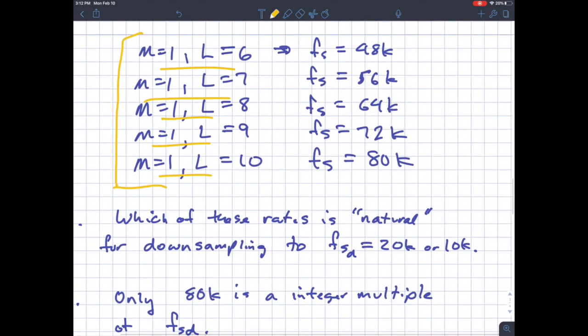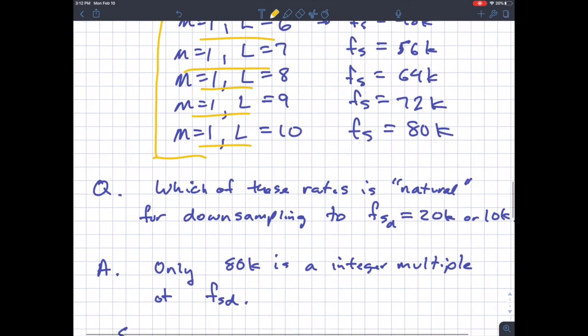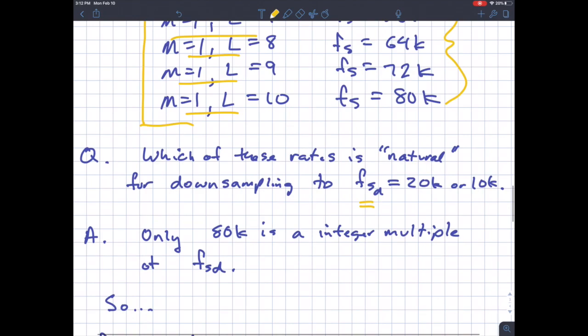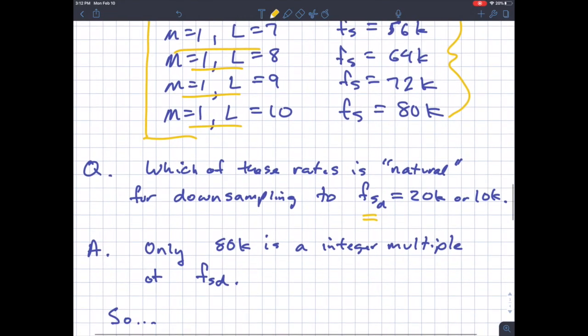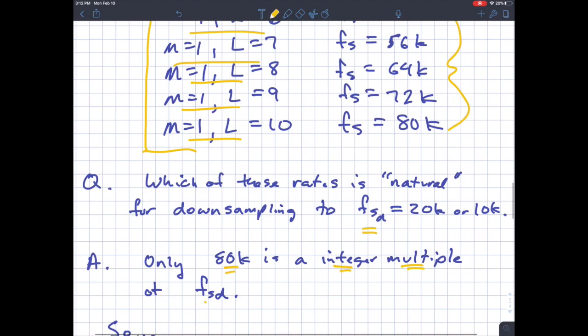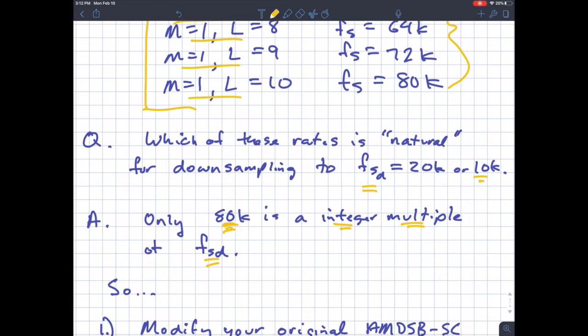So the question is, which of these rates from our original simulation would be natural for converting down to 20K or 10K? When I look at this list, only 80K is an integer multiple of the two downsampled rates: 20 times 4 is 80, 8 times 10 is 80.